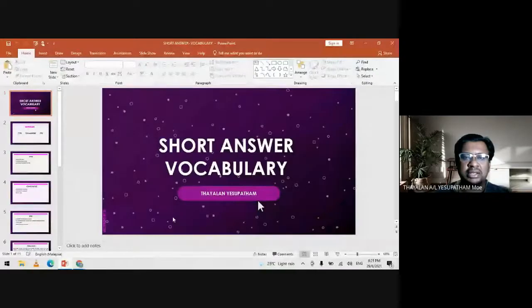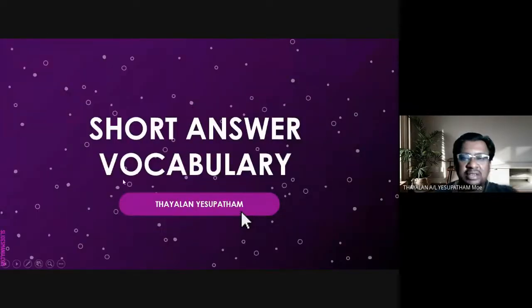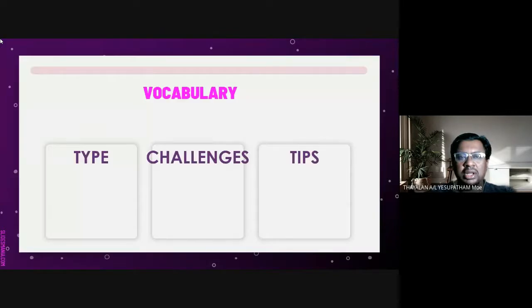Today we'll be looking at short answer, still under the topic of short answer and vocabulary. Now, there are three things as usual that we are going to focus on.